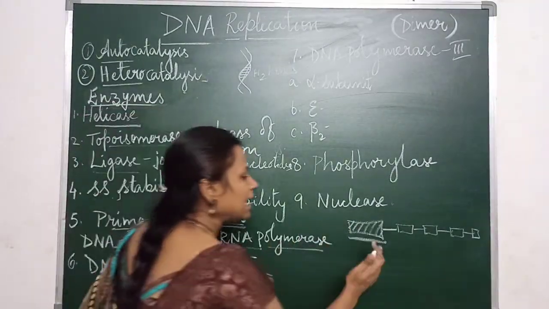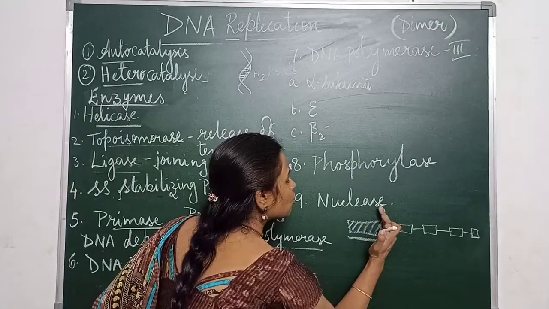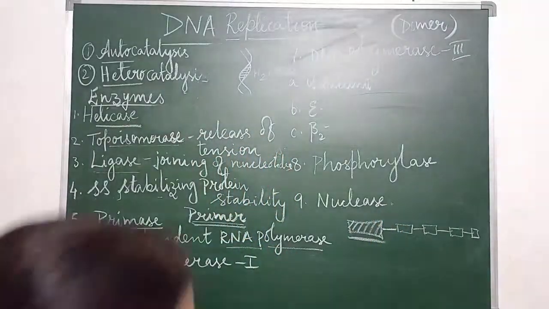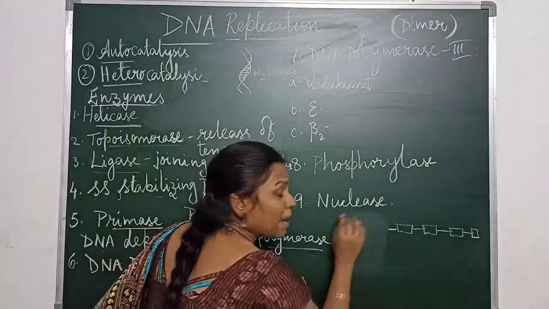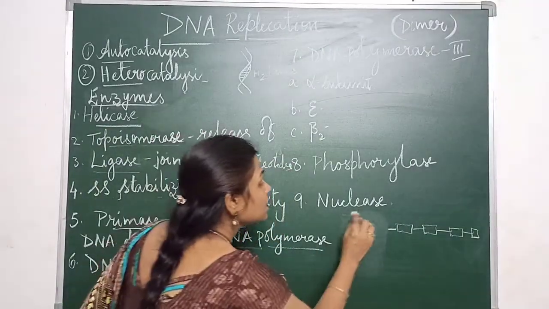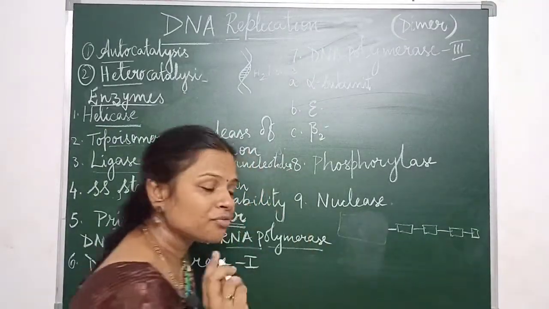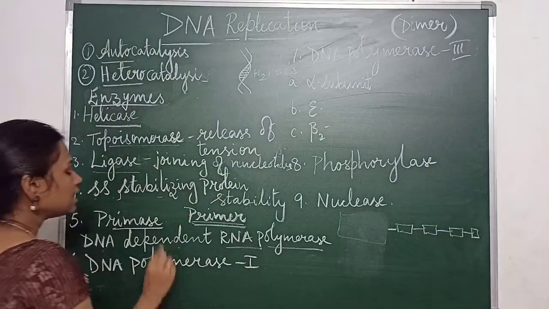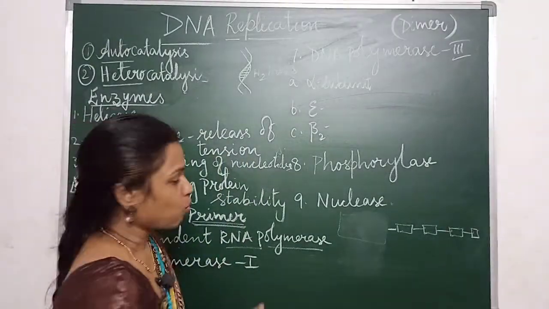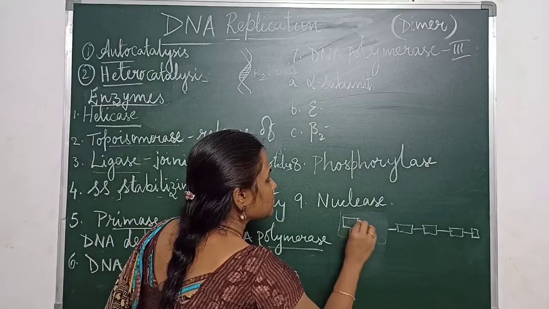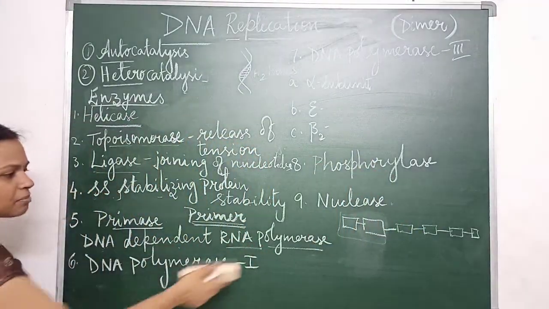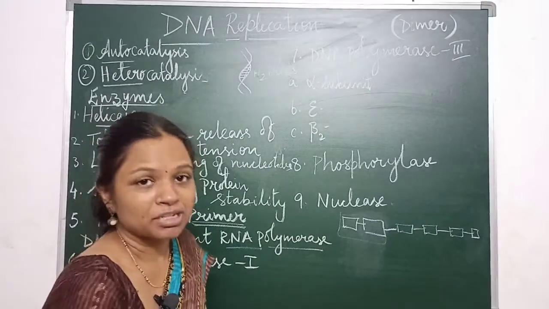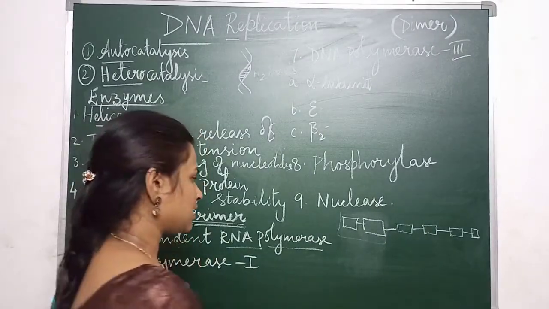Okay, so later there is no requirement of this RNA primer. Now here this gap is left out. These gaps are filled up by DNA polymerase 1. So it helps in filling the gaps present in the daughter DNA fragments, right?